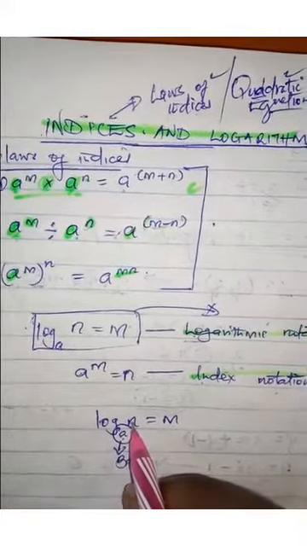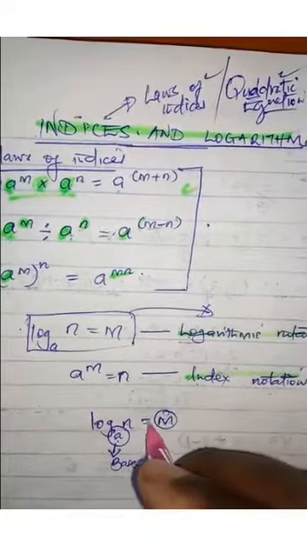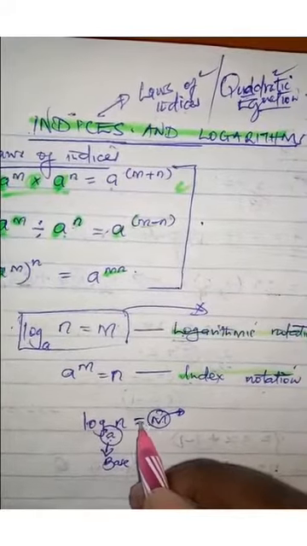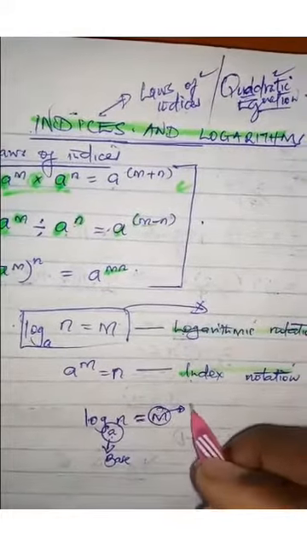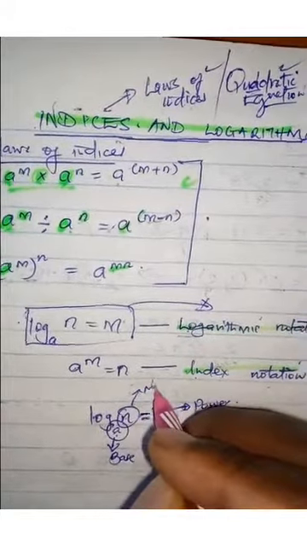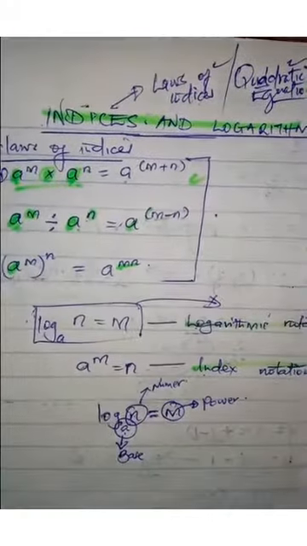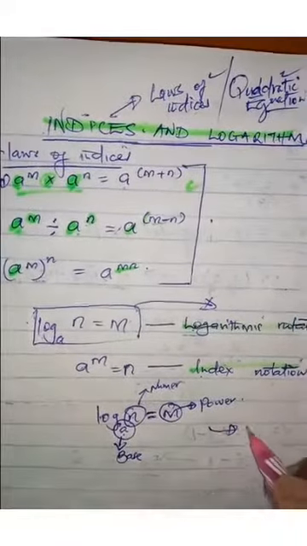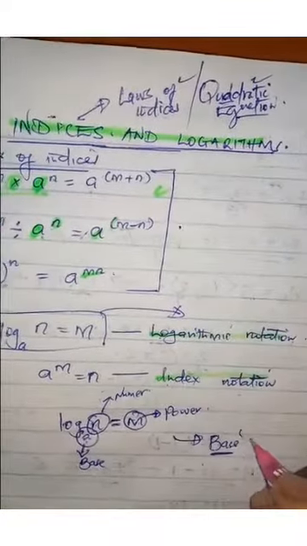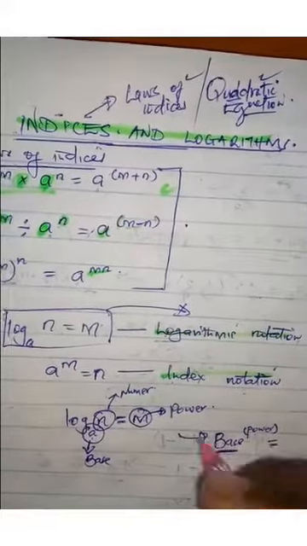Then you make whatever is on the other side of the equal sign your power. Then this becomes your number. So when you are changing from logarithmic notation to index notation, you take your base, then write your power on top of the base, then equate it with your number.